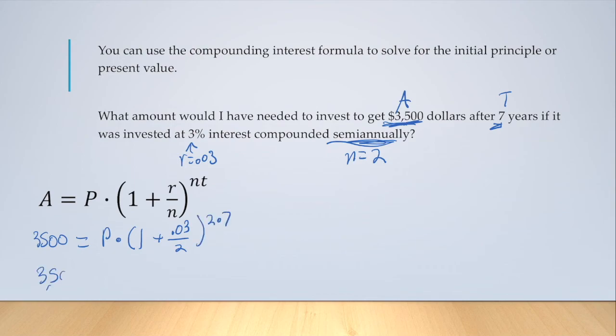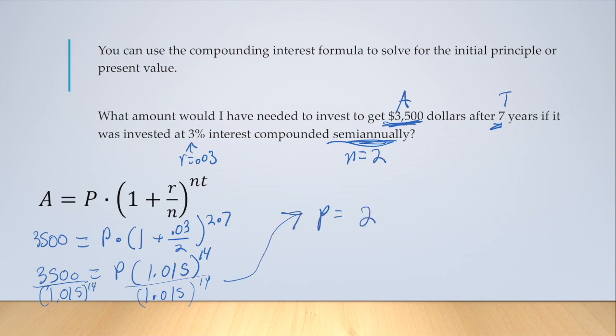This means $3,500 is P times 1.015 to the 14th. So I'm going to divide both sides by 1.015 to the 14th. This means P is $2,841.47. When you solve this, you get more than 2 decimals, but because we're dealing with money, we always want to round to the hundredths place.